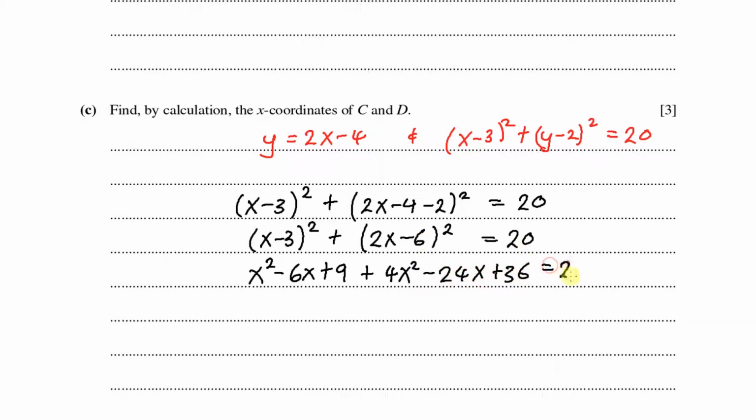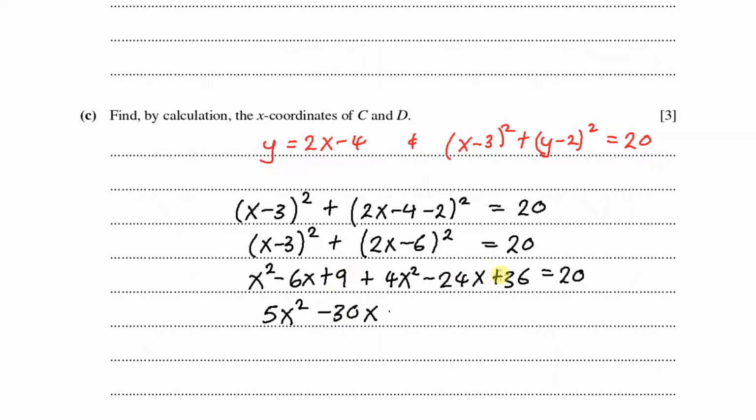And that's equal to 20. Now for the like terms, we have x squared and 4x squared. So that's 5x squared. And minus 6x minus 24x is minus 30x. And here 9 plus 36 gives us 45. And that's equal to 20.